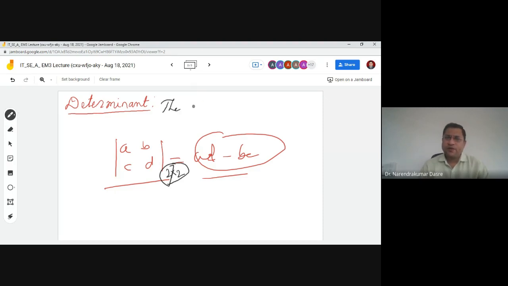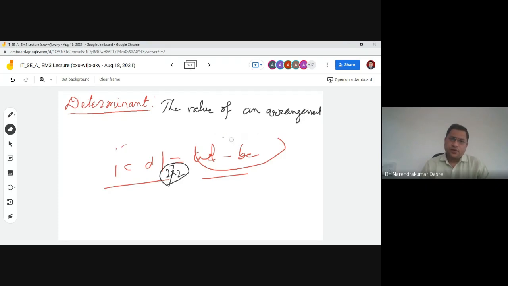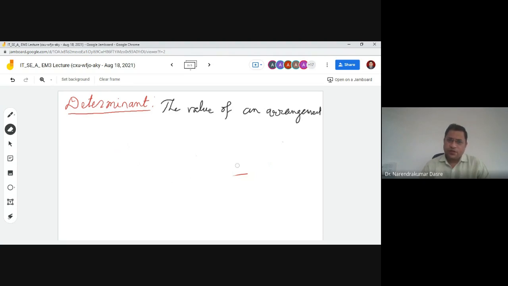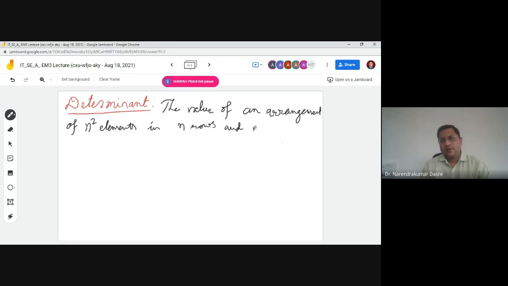So we can say the value of an arrangement of n square elements, because here rows and columns are going to be the same. In a matrix you have mn elements, so here you will have n square elements, in n rows and n columns.